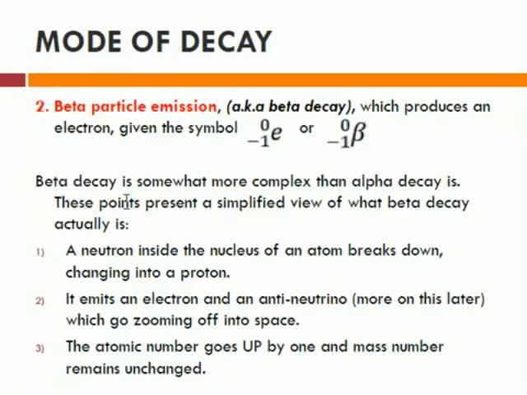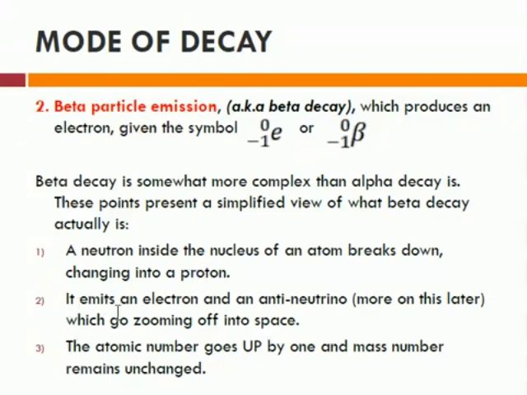Beta decay is somewhat more complex than alpha decay. This point presents a simplified view of what beta decay actually is. Number one, a neutron inside the nucleus of an atom breaks down, changing into a proton. So take note of this: a neutron inside the nucleus of an atom breaks down, changing into a proton.